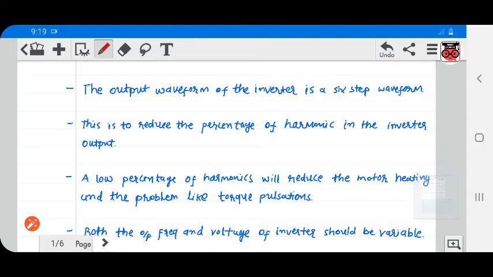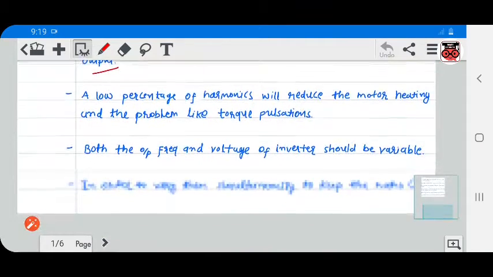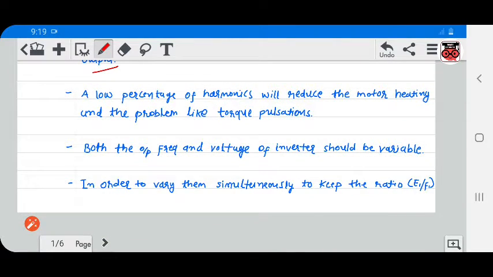The output waveform of the inverter is a 6-step waveform. This is to reduce the percentage of harmonics in the inverter output. A low percentage of harmonics will reduce the motor heating and problems like torque pulsation.